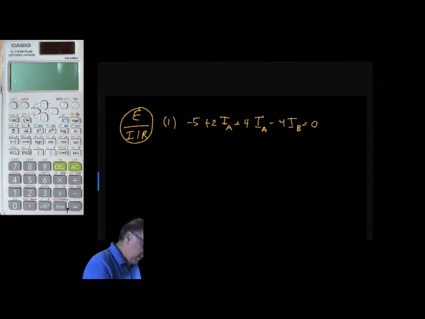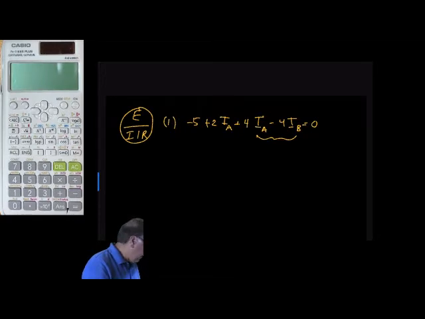We need to subtract the voltage here due to the fact that IB and IA are in different directions. So we have a current in both directions affecting the voltage across the 4 ohm resistor.